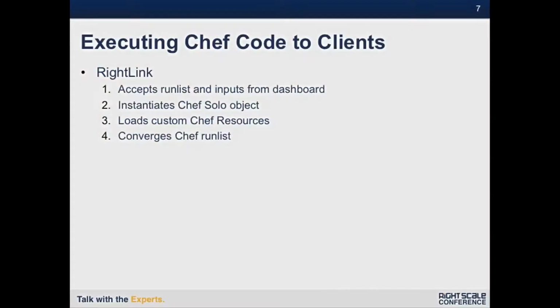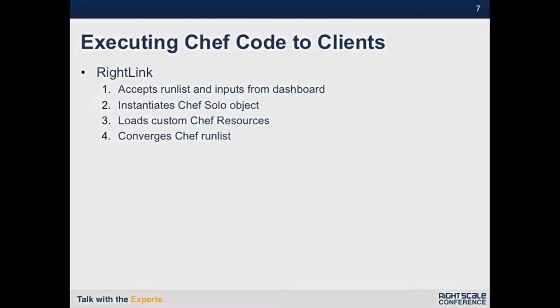So this is a high-level abstraction of what it does. It makes that call to the RightScale backend system. The backend system sends a list of the recipes you're going to run, and the list of inputs and values that are going to get passed in.